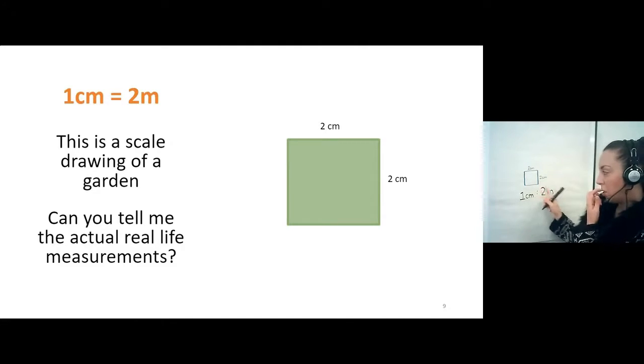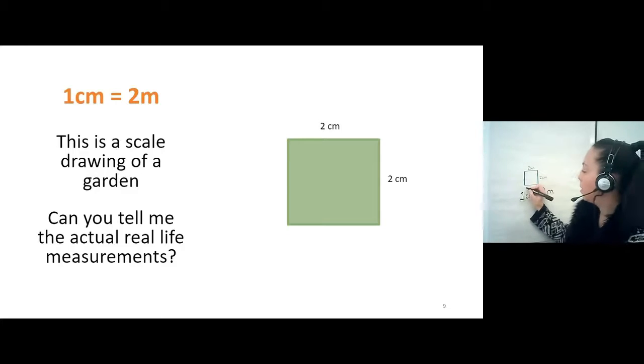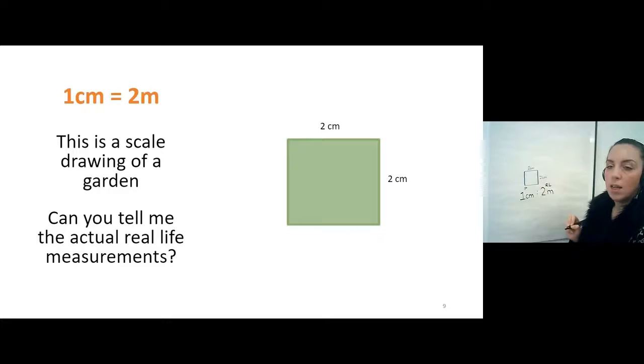So this one is obviously much smaller than this. So this is going to be our plan size. This is going to be our real life size. Okay, so if we have plan measurements of 2 centimetres, how many metres is that in real life?